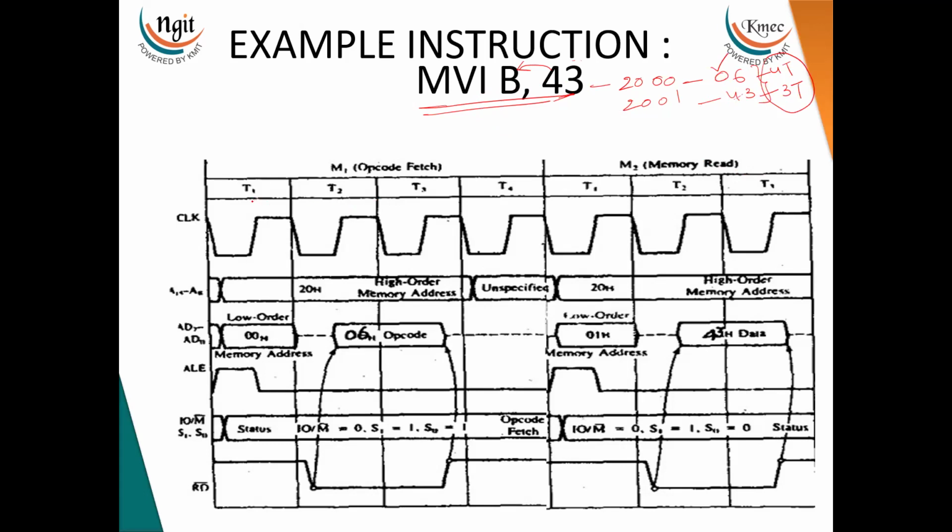Now here you can see T1, T2, T3, T4. Up to this is a fetch. This is machine cycle 1, the opcode fetch. T5, T6 you can write as 1, 2, 3 or 5, 6, 7. This is for the second machine cycle, nothing but memory read. In the opcode fetch, the control signal is read only, and memory read also is read only.